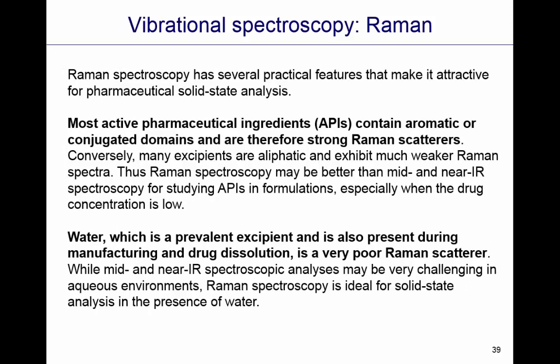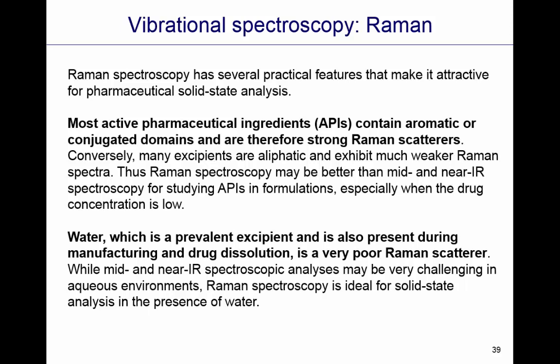Most pharmaceutical ingredients, most APIs which we've got, have aromatic groups. You've seen your list of pharmaceutical molecules. Most of them have aromatic rings. That's why I'm talking about Raman spectroscopy now, simply because that methodology allows you to detect some.